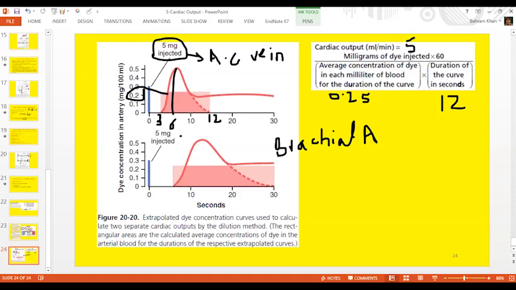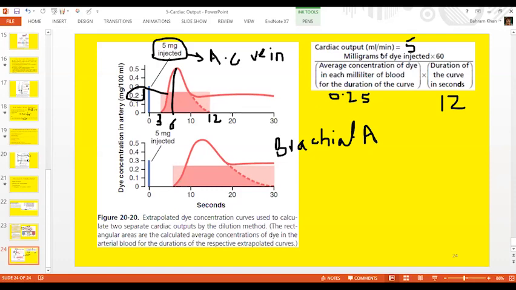So you can see for a few seconds there is no increase in the concentration of the dye. It takes some time. After 3 seconds, there is a rapid increase in the concentration of dye, and then this progressively starts dropping. And the first cycle is around 12 seconds.